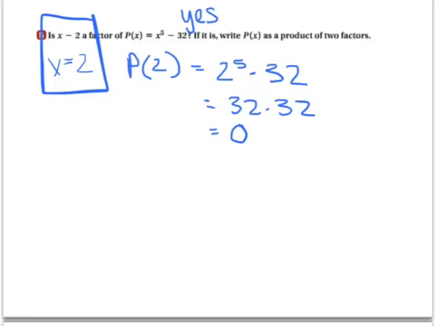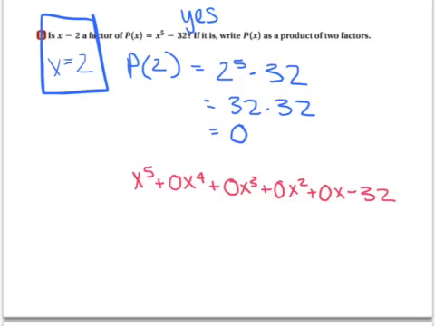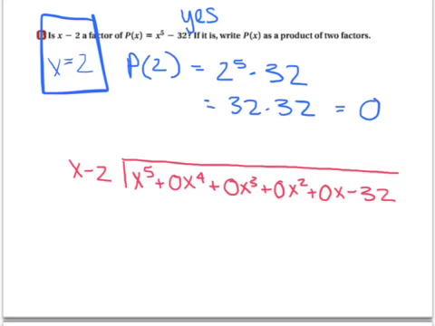So when we write this x to the 5th minus 32, we actually have to have x to the 5th plus 0x to the 4th plus 0x to the 3rd, 0x squared, 0x, and then minus 32. Okay, so lots of placeholders here.